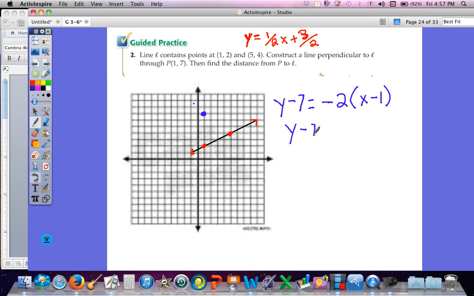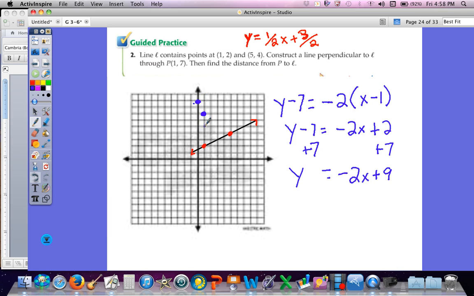Negative 2 times negative 1 is plus 2. I add 7 to both sides, and I get y equals negative 2x plus 9, which means my y-intercept will be 9.